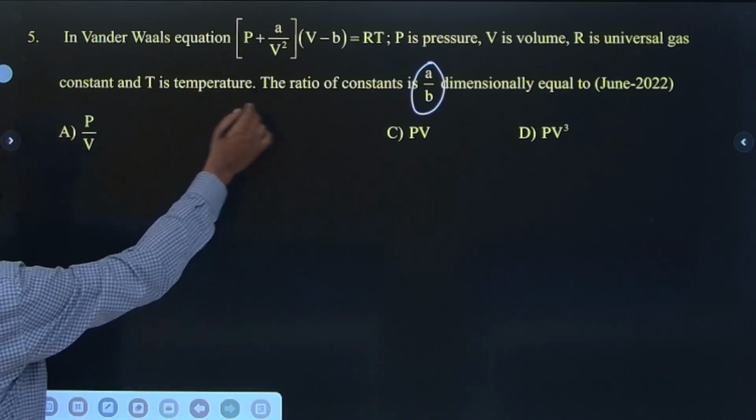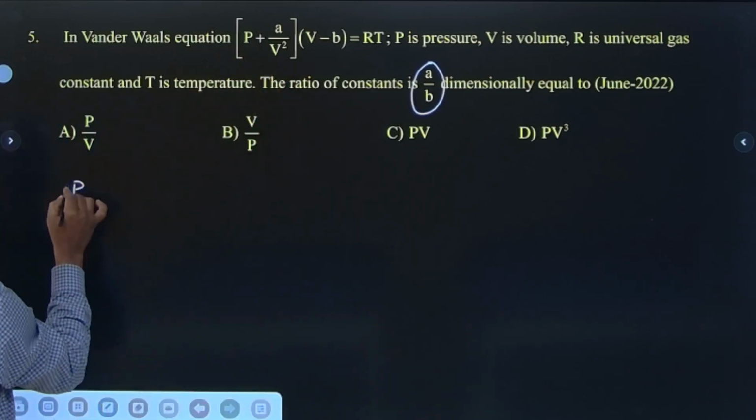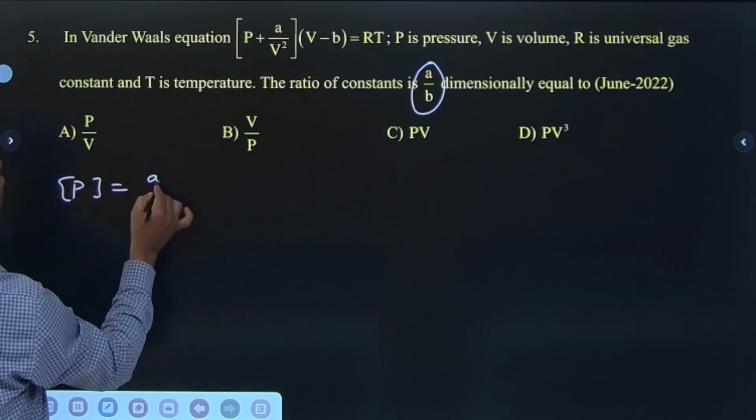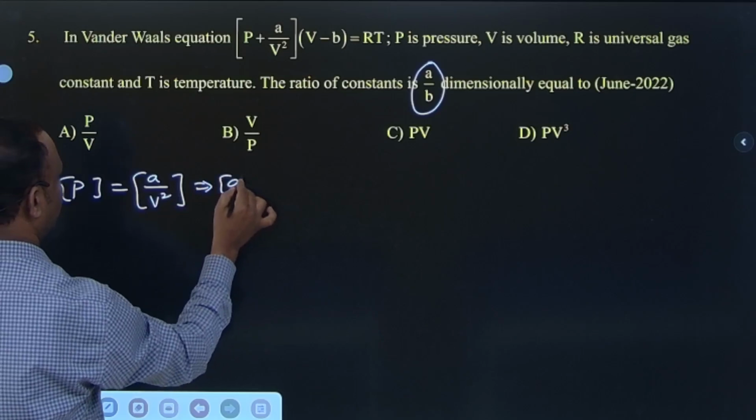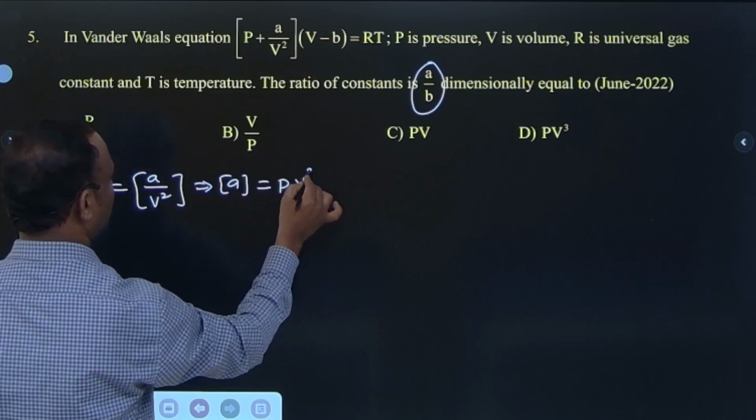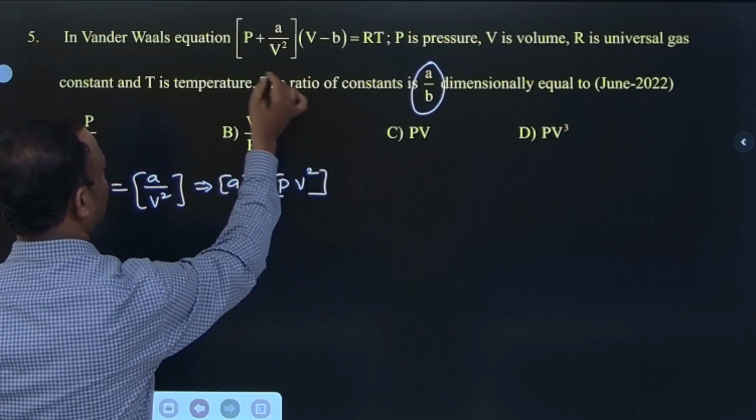The dimensional formula of pressure is equal to the dimensional formula of A by V square. The dimensional formula of A is P V square. Okay, the first one is completed.